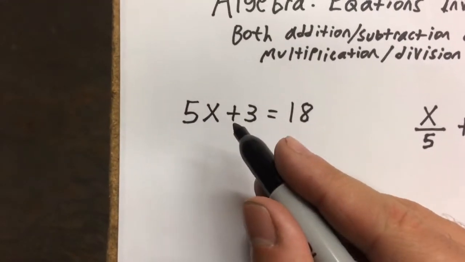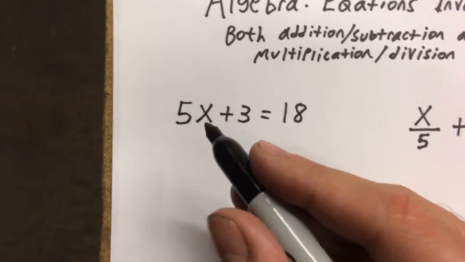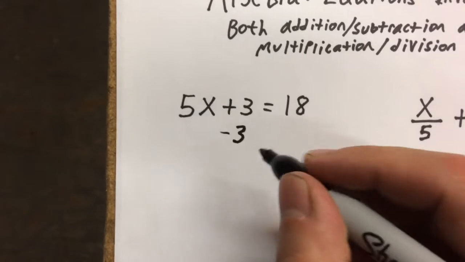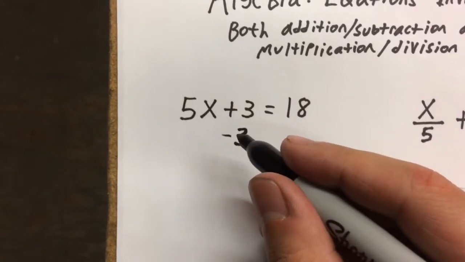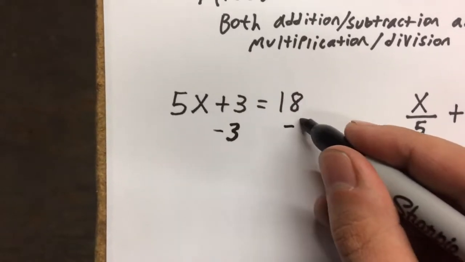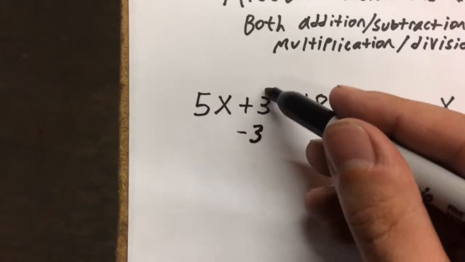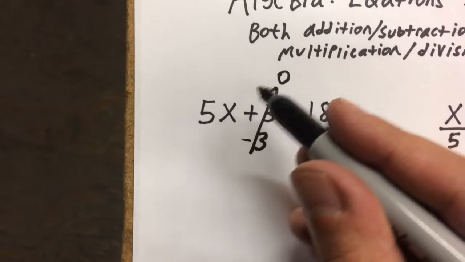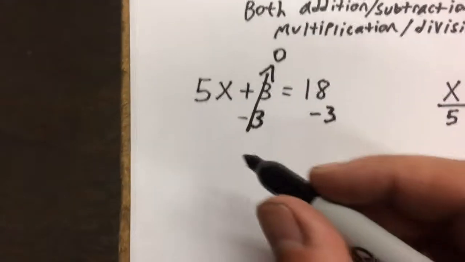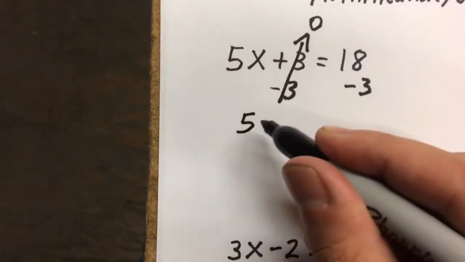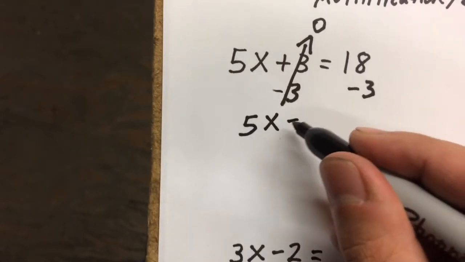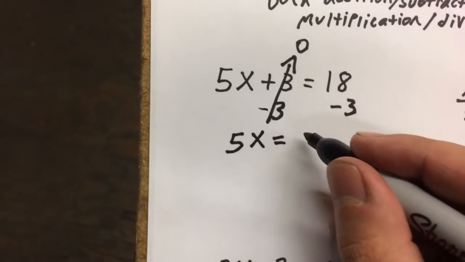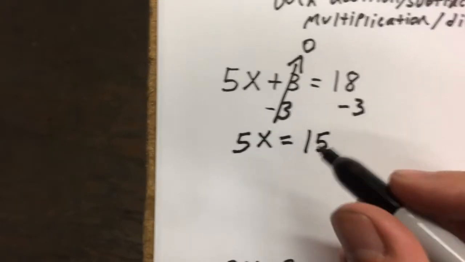The first thing we'll do is get rid of this 3 because it really makes it more difficult to divide. So we're going to take away 3 from this side and take away 3 from this side. 3 minus 3 is equal to 0. So we're left with 5x is equal to 18 minus 3. 18 minus 3 is 15.